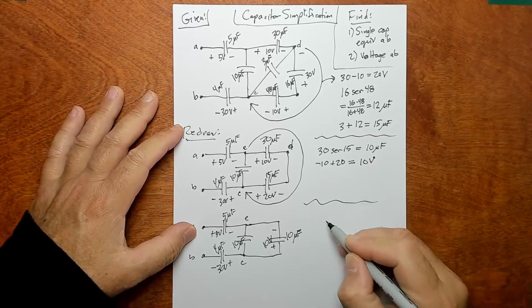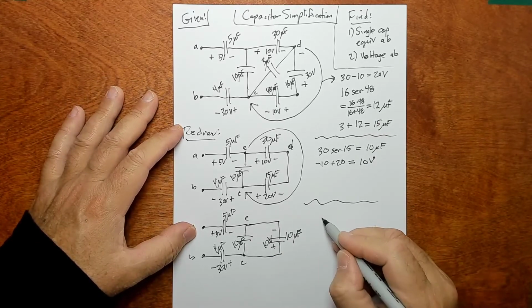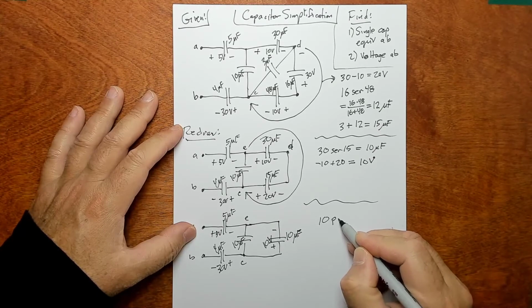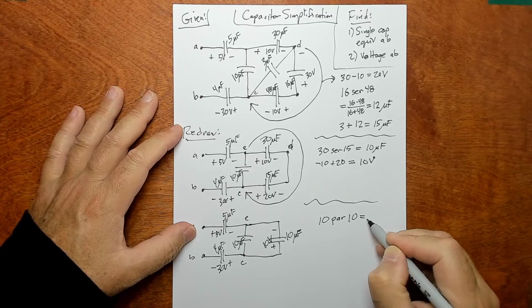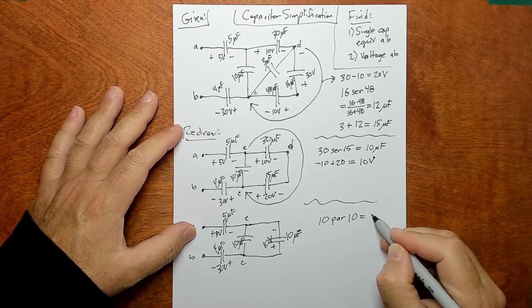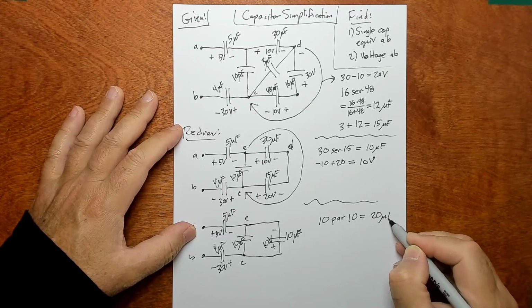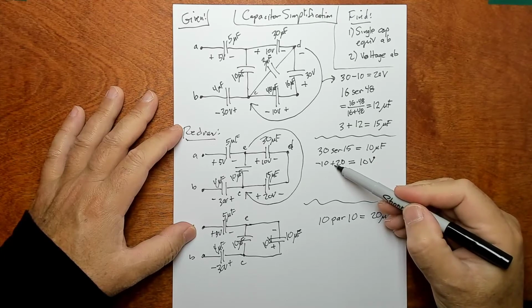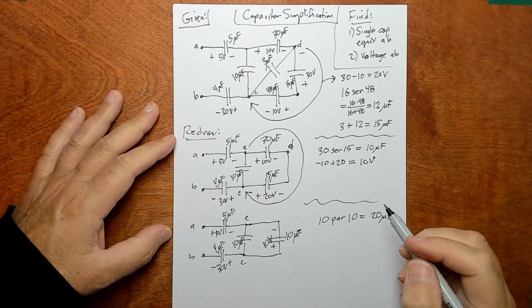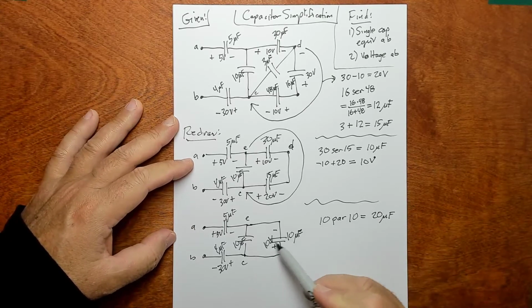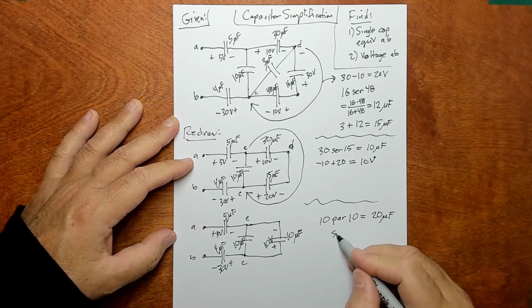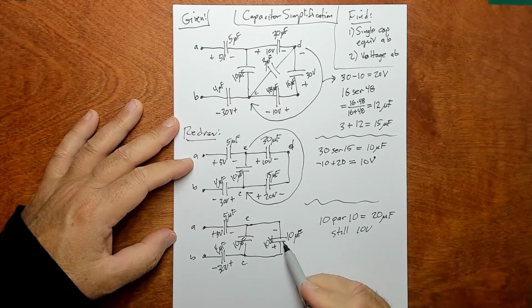So here we have these two in parallel, so I can write 10 in parallel with 10 is just 20 microfarad. Here I used plus because that's what you're doing with parallel, just a different notation. And the 10 volts is still 10 volts because this element is in parallel with this element, so they have the same voltage across them.